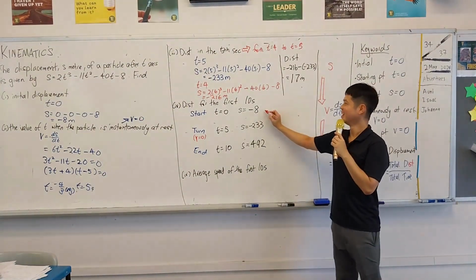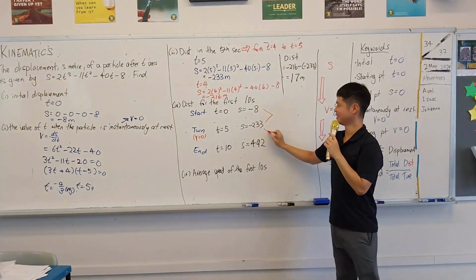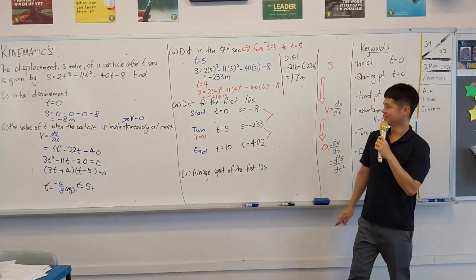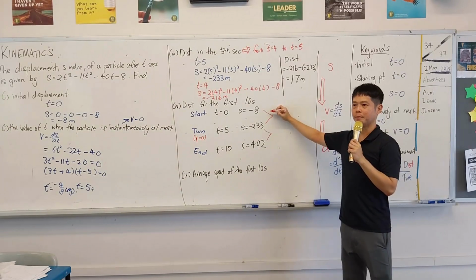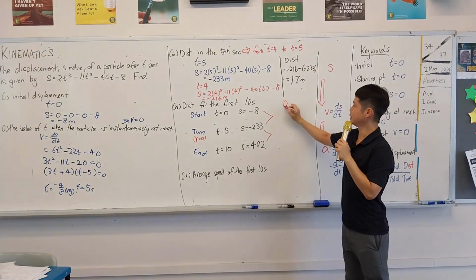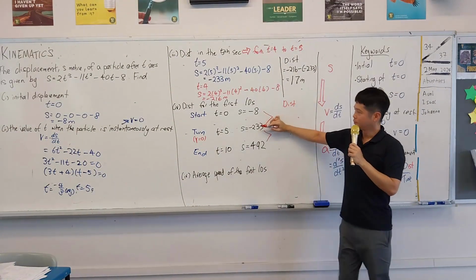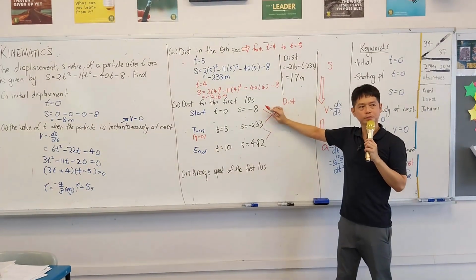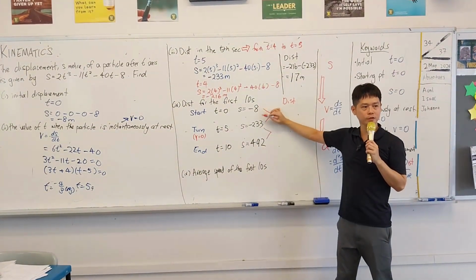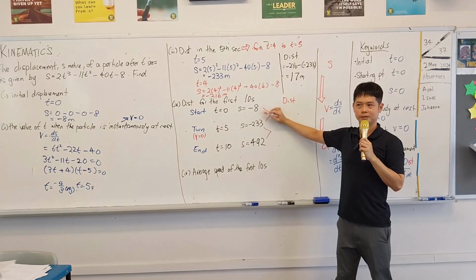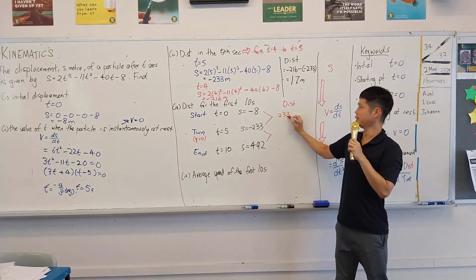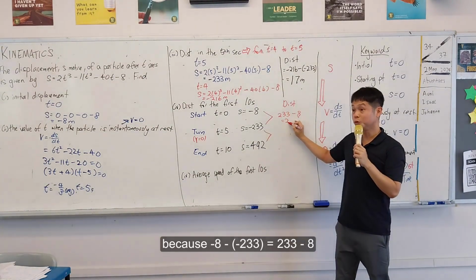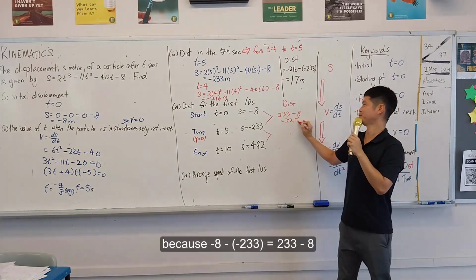Big minus small. All you need to do is draw this. I will use the big minus the small. So the distance is like this. From here to here, I use the big minus the small, which is 233 minus 8 is 225.